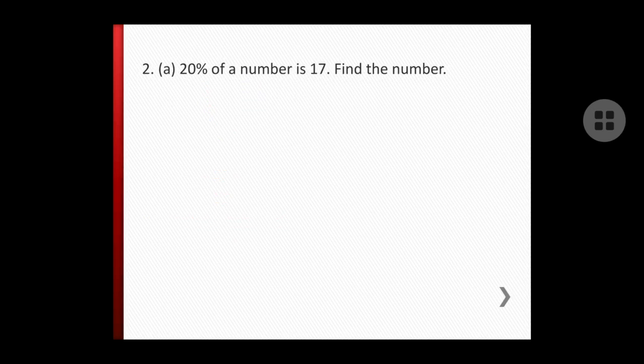Yes, 20% of a number is 17. Find the number. See the question, I am doing second question A part. 20% of a number is 17. So what is that number? Here let that number be x. We don't know what that number is.